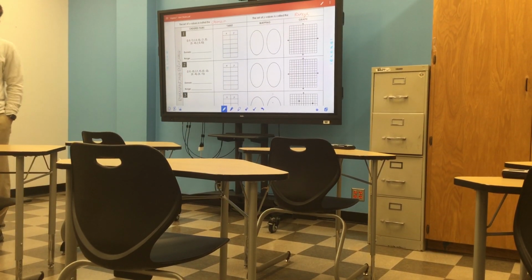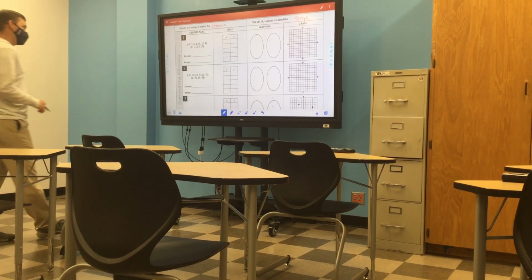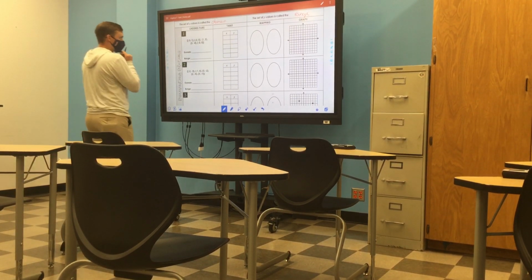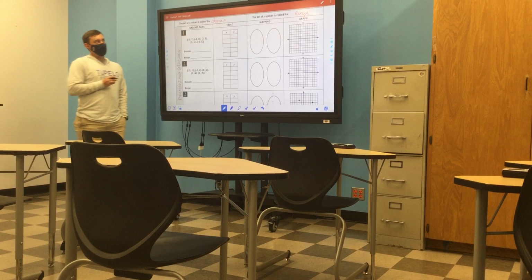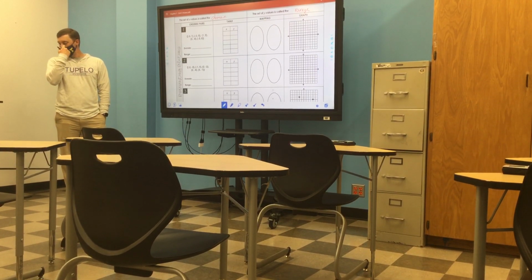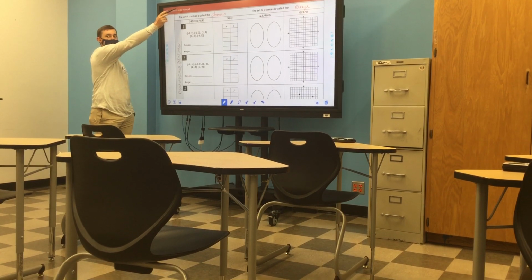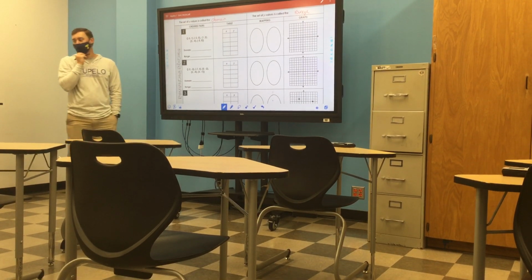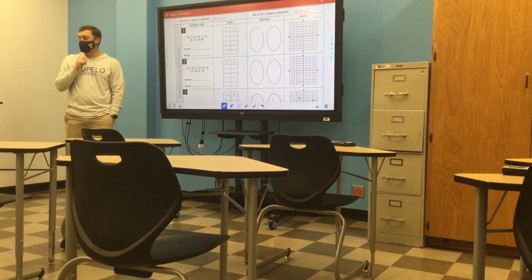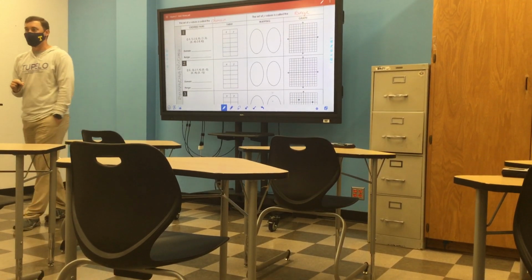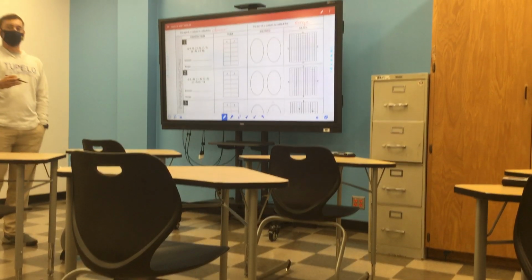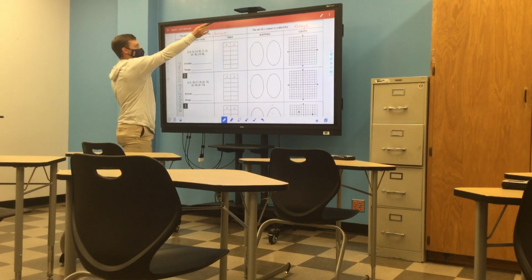When you see y's, you're thinking about range. And up here, you've got a spot for a definition. I skipped past it by accident. The definition of a relation is a set of ordered pairs.